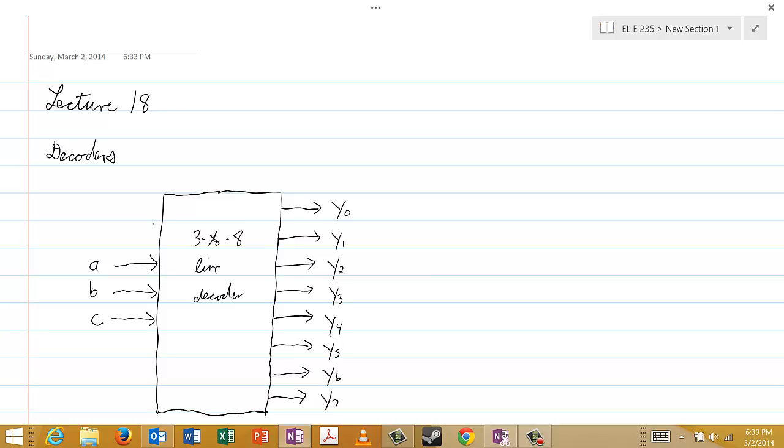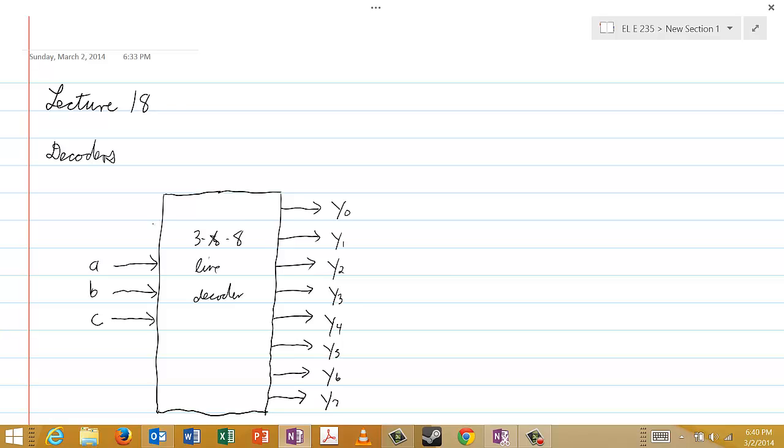So, when ABC is equal to 0, 0, 0, then Y0 will be 1, and all the other outputs will be 0. When ABC is equal to 0, 0, 1, then Y1 will be 1, and all the others will be 0. For 0, 1, 0, Y2 will be 1, and all the others will be 0.